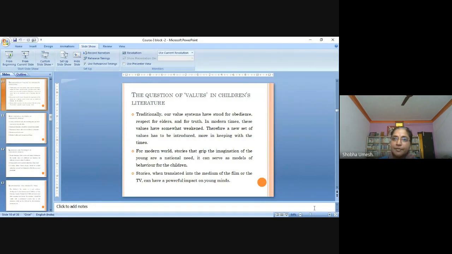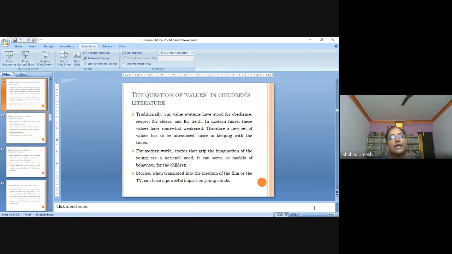So, whenever we write a story, we have to keep in mind the time we are writing for, the purpose why we are writing, and who the readers are. A writer never writes for himself, because he is writing for the world, the readers. Always he has to keep the reader in mind whenever he writes a story, novel, or poem, whatever piece of literature is written.